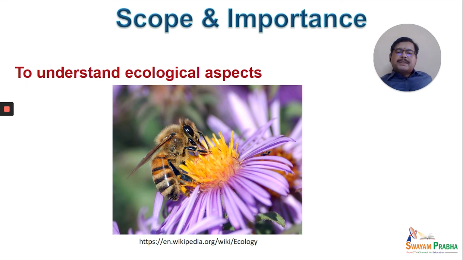Well, the picture shows that a honeybee is sitting on a flower. So now we understand that a honeybee is sitting and it has opened the possibility of not only collecting the nectar, that is the honey, from the flower, but also the possibility of pollination.